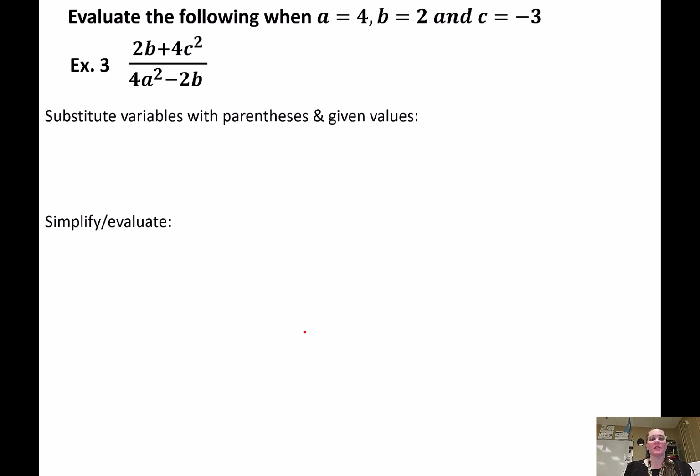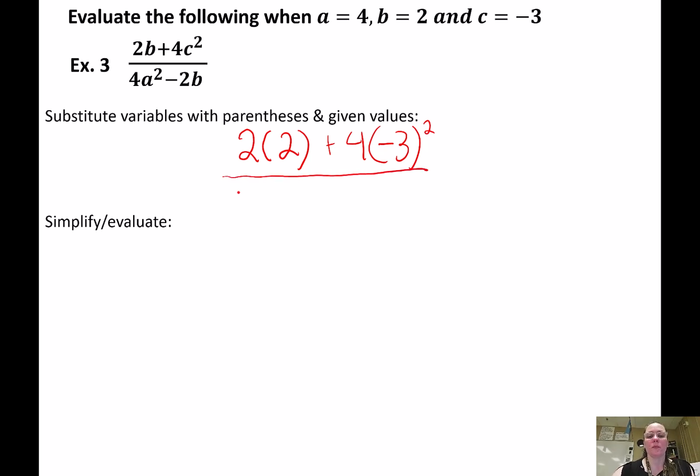Okay, so again, replacing, we get 2 times, in this case, b is 2, plus 4 times c is a negative 3 squared over 4 times 4 squared minus 2 times 2. Okay, so we plugged everything in.